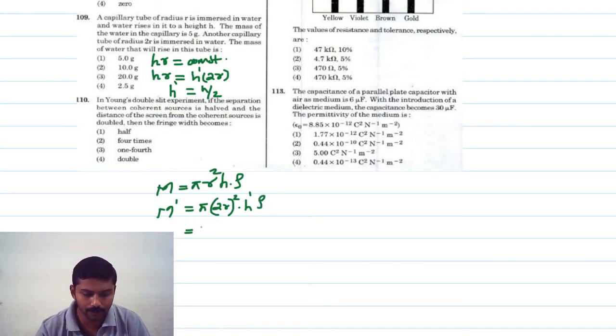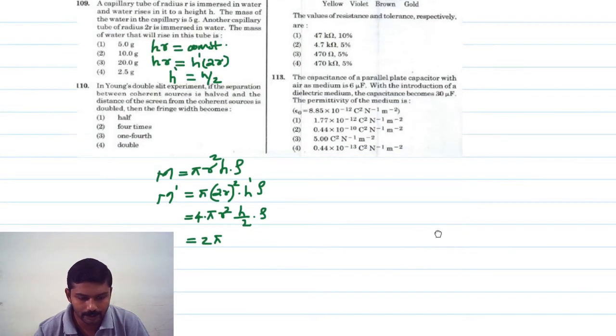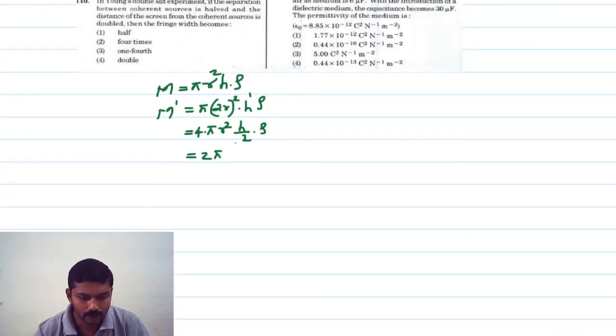So 2 square is 4, that means you'll get 4 into pi times r square multiplied by h dash. H dash is h by 2 times density. So when you cancel this 2 and 4, you'll get 2 pi r square h times density, which is equal to 2 times the original mass.